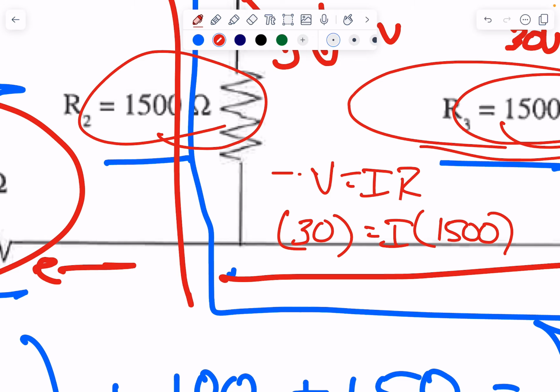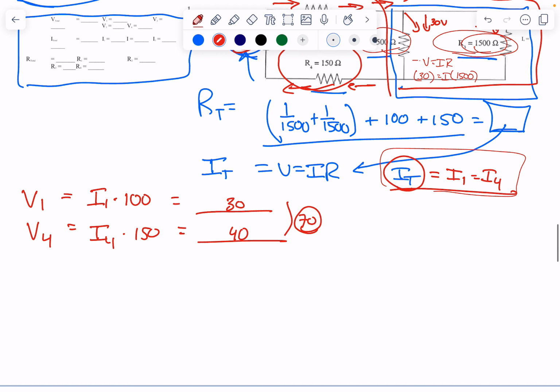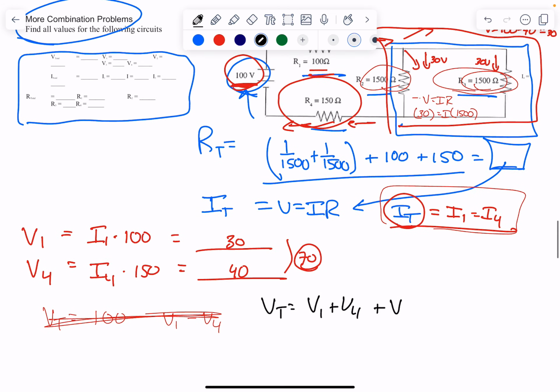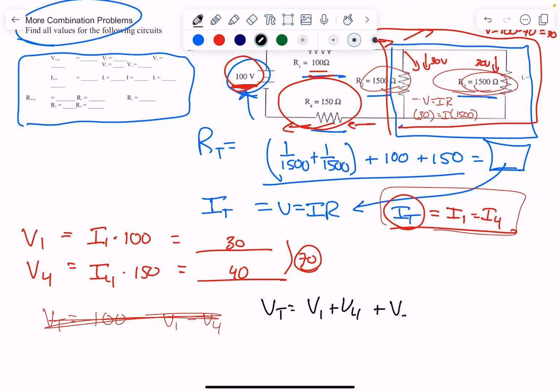To find V2, V total would be 100 minus V1 minus V4. No, pardon me, I did that right. I would say V total equals V1 plus V4 plus, now watch how I say this, I'm going to call this V23, because this will be just one voltage.